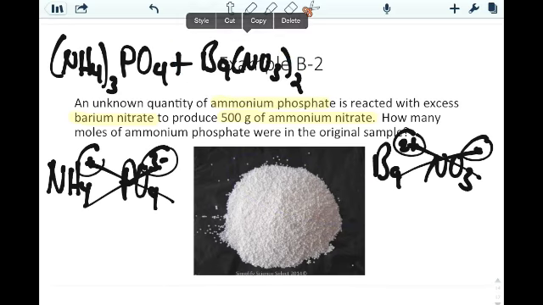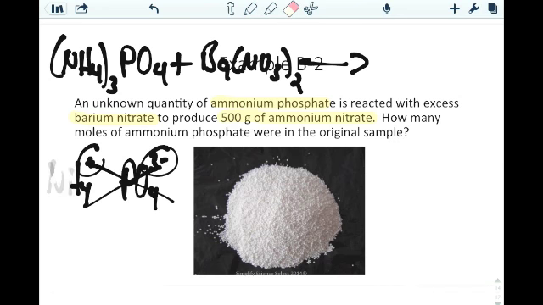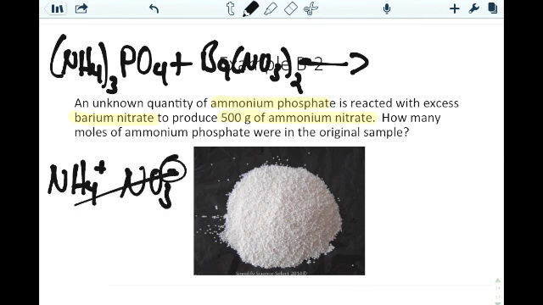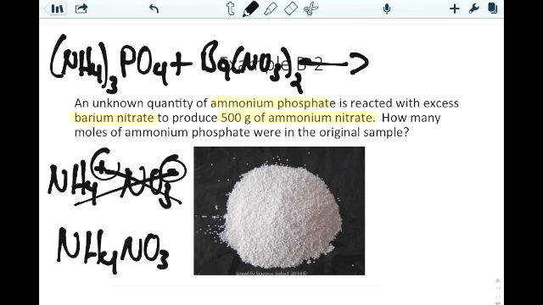They produce our two products. It's a double replacement reaction. The first product is ammonium nitrate: NH4 positive charge, NO3 negative charge, crisscross, and we get NH4NO3.